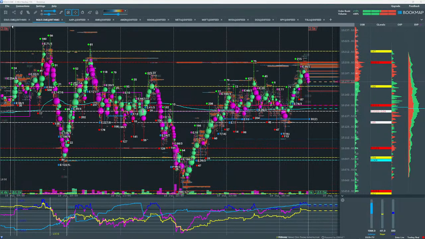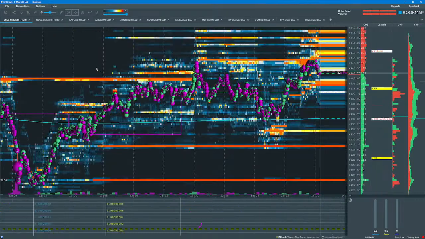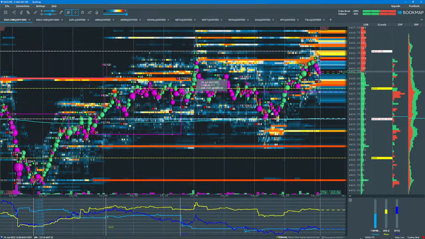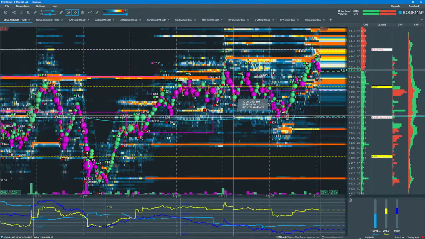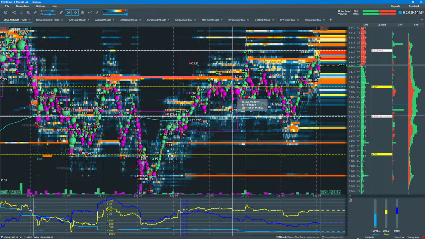So let's go back to ES. Generally, I'm using that just as a gauge for potential range and volatility for the day in a slightly positive gamma environment.